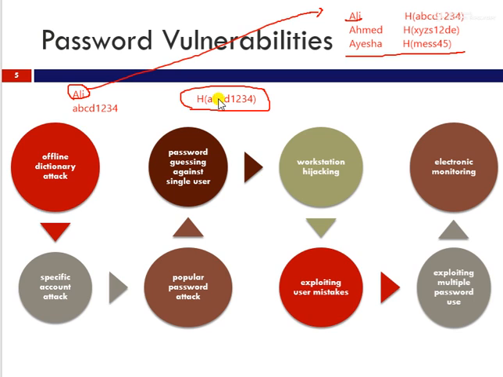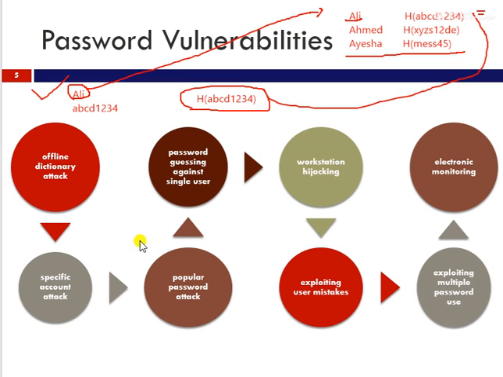Then it will take this hash of the password that Ali provided and match it against the hash that is stored over here in the password file. If the calculated hash is equal to the stored hash value, Ali has been authenticated successfully. So this is how the normal authentication process works.